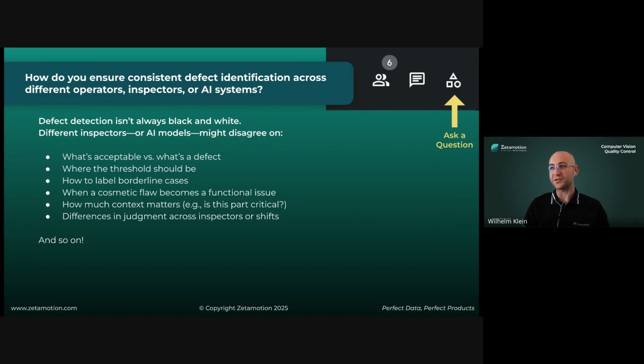Yes, so this is a question that we received beforehand: how do you ensure consistent defect identification across different operators, inspectors, or AI systems? This is exactly connecting to this question of achieving defect consensus. Ideally, as long as you have the possibility to do so, you take the human out of the equation, because whenever you have a human doing the inspection themselves, you run into troubles of, how many coffees did the person have that day?